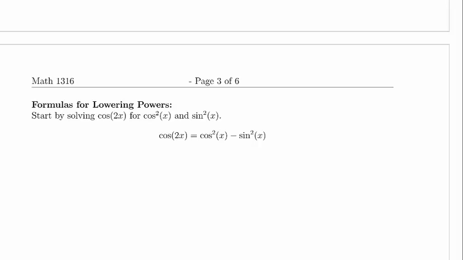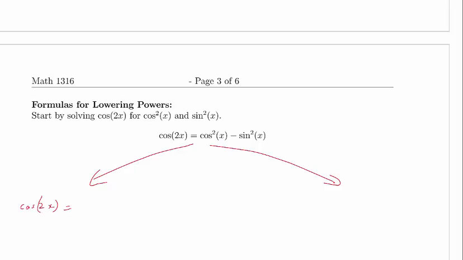So we're going to use our double angle for cosines. And we're going to use it and make two separate substitutions to get two different formulas, one for cosine, one for sine. So the first one, we start off with cosine of 2x.